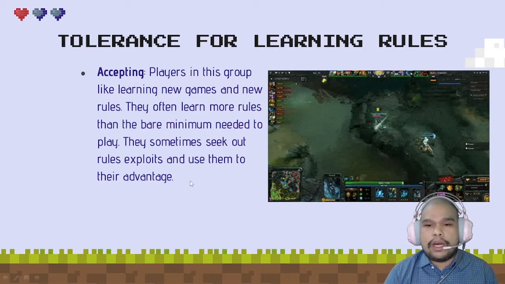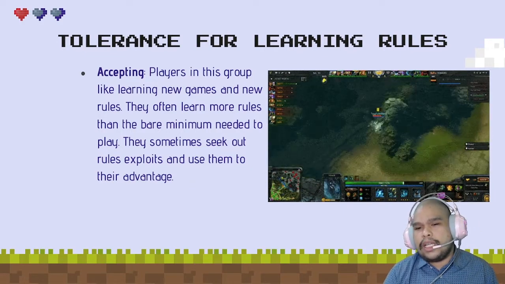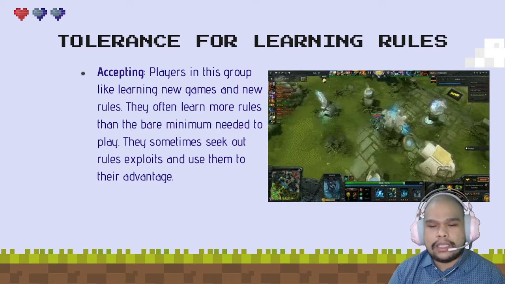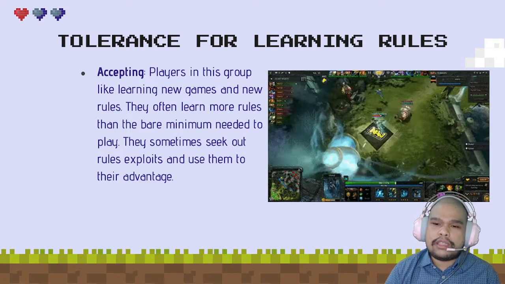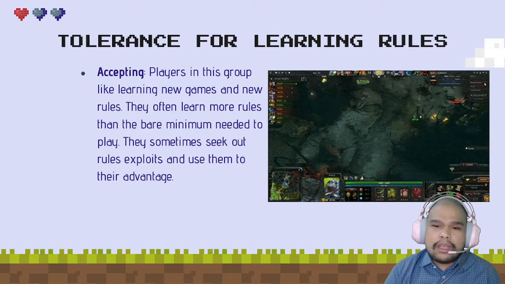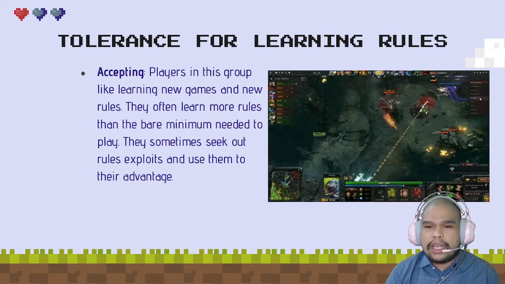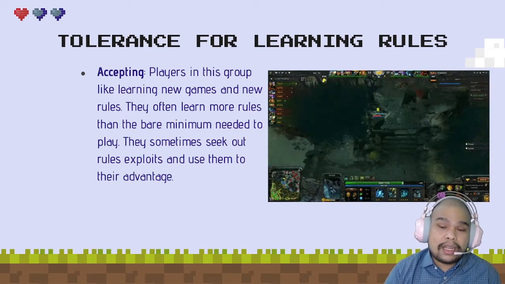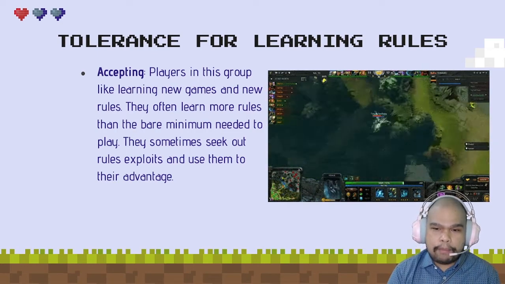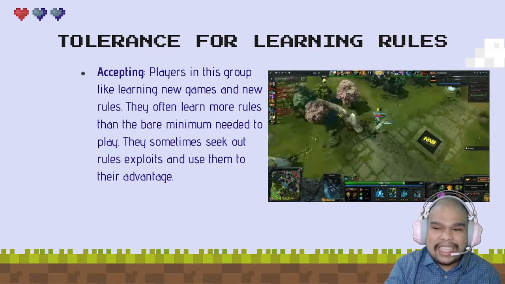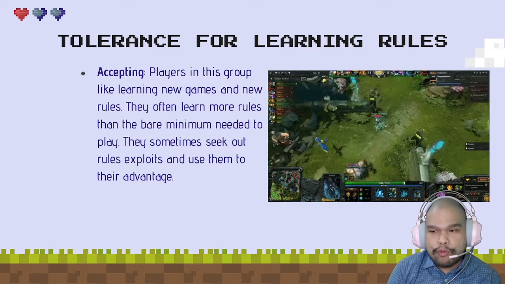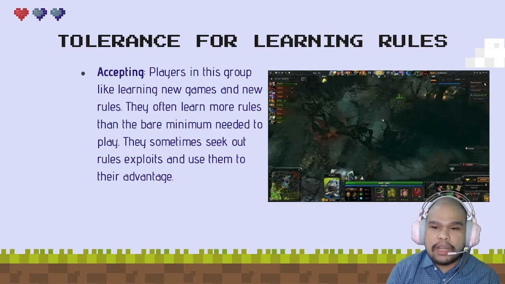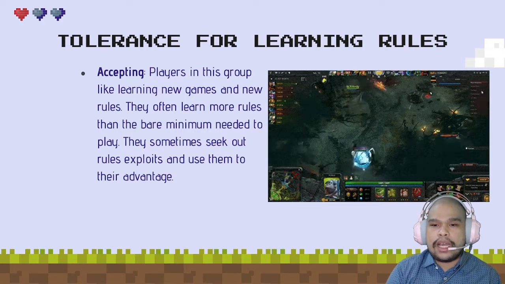So ano nga ba yung mga rules exploit na to? These are basically mga cheese strategies. So, ano ba itong mga cheese strategies na to? Cheese strategies are basically yung mga imbalance strategies na ina-allow dun sa game. So, medyo madaya sila ng konti in terms of playing the game, no? Pero hindi naman siya binabawal na gamitin within the game.